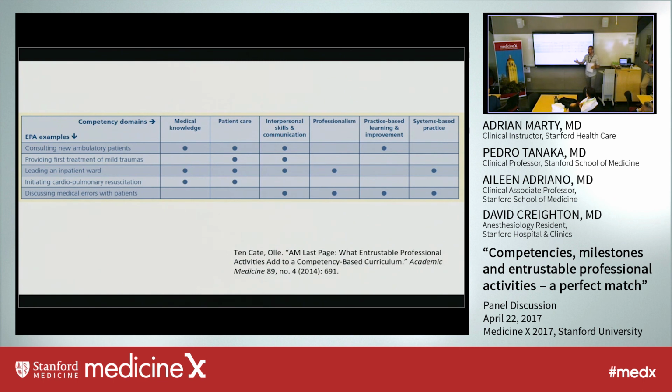So some EPAs include all the core domains, and some don't. But these are the ACGME competencies, not necessarily the milestones. The milestones get much more complicated. To do this truthfully, you'd need your specialty's milestones document. I have it here.